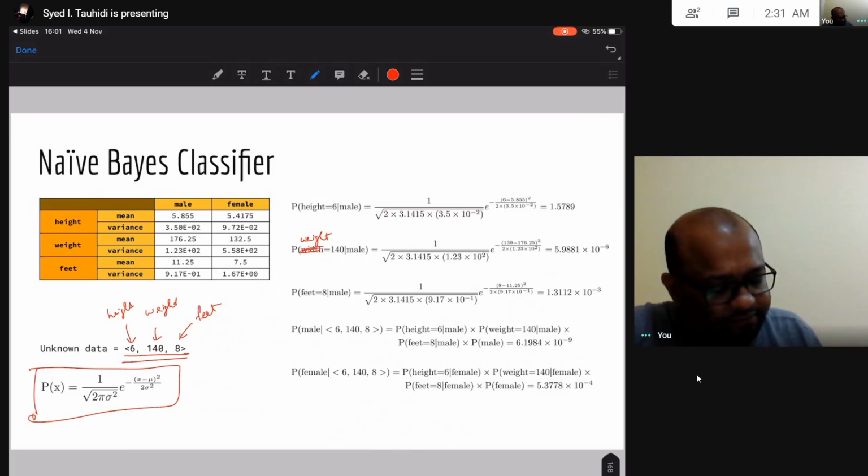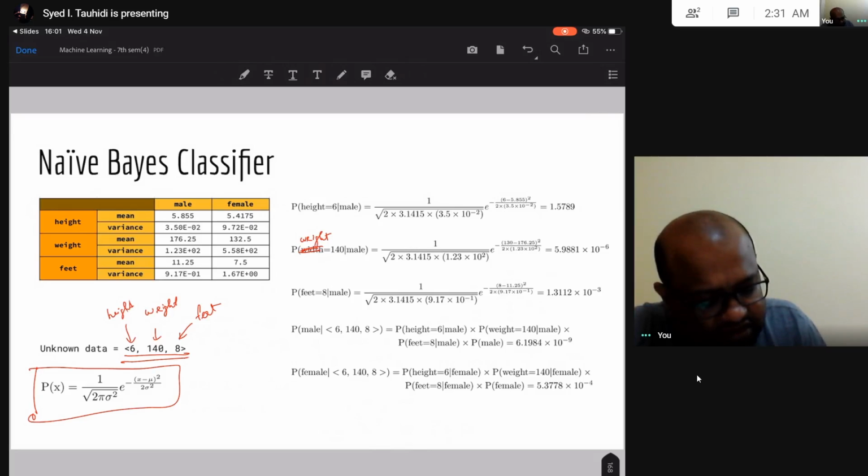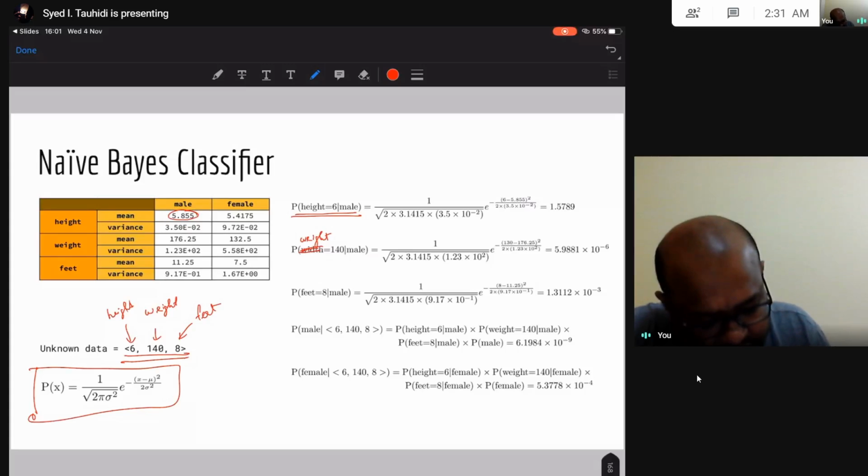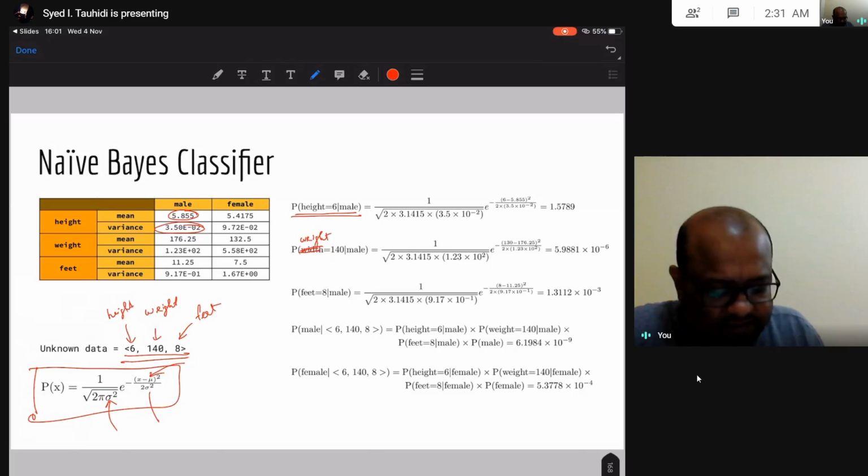So what is the probability that the height is equal to 6 given that the person is male? I put the mean of height of male in mu, and I put the variance of height of male in sigma square over here and here. I have sigma square at two places, so I put the variance in these two places.